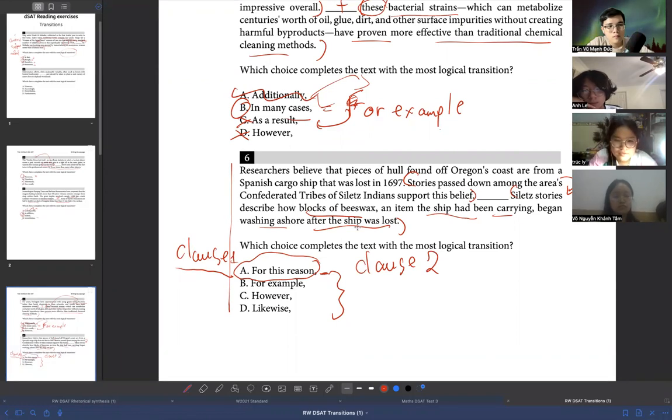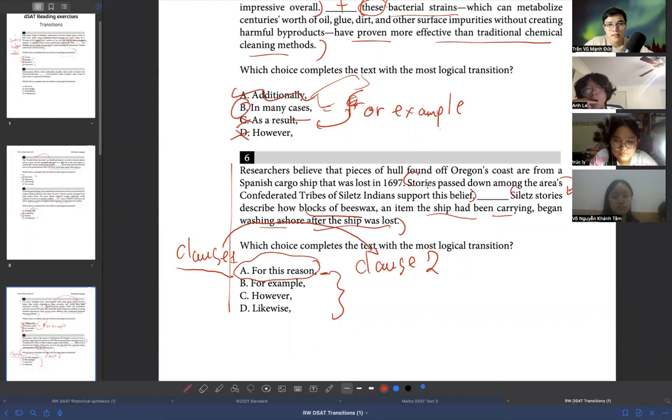Cause and result, the causation. So this will be directly resulting in clause 2, right? So if sentence 1 is placed before, it will be the direct cause of sentence 2.